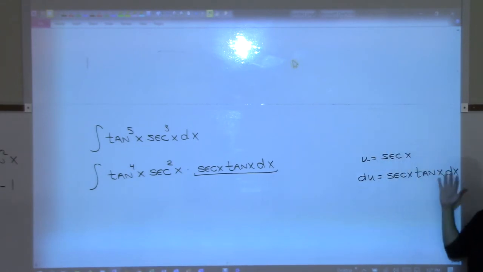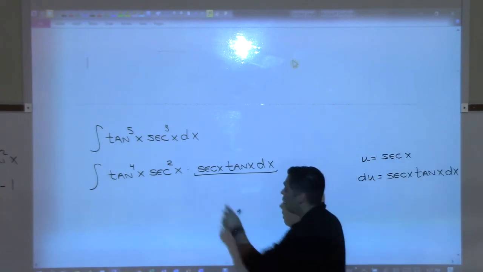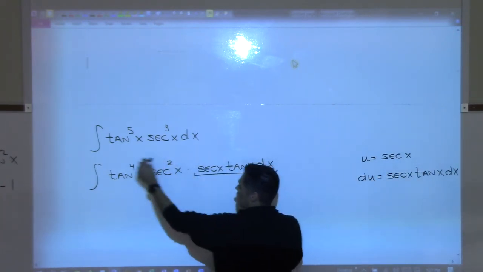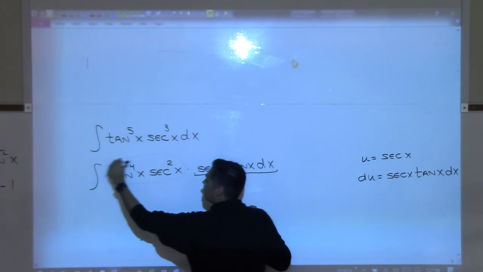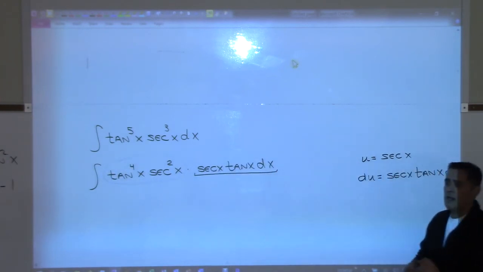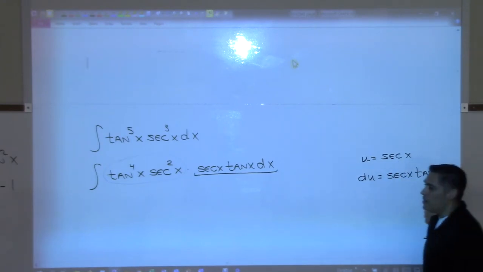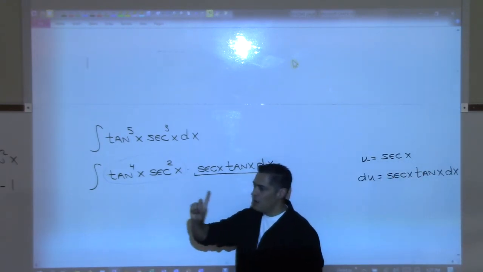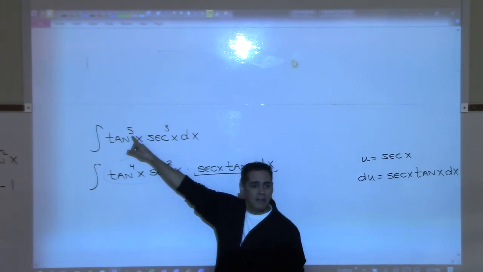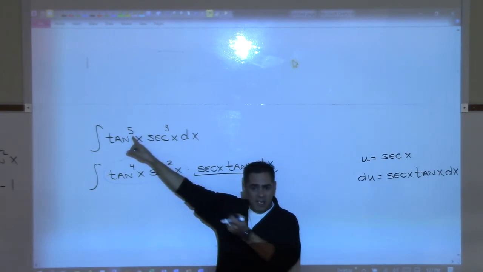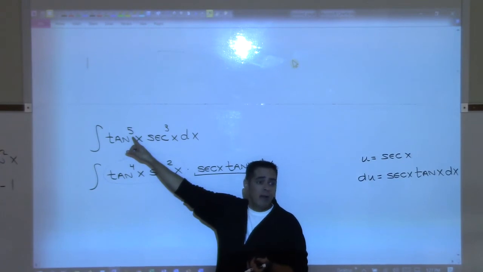So I know this is where I'm headed, which means I need to look at everything that's not part of this and somehow get everything over there in terms of secant so that I can replace them all with u's, right? But remember, the whole method started with saying that had to be odd. And if we peel one power of tangent out, then now it's going to be even.